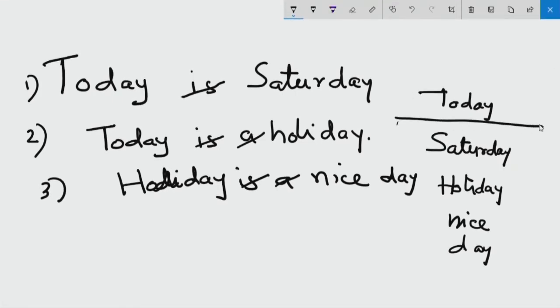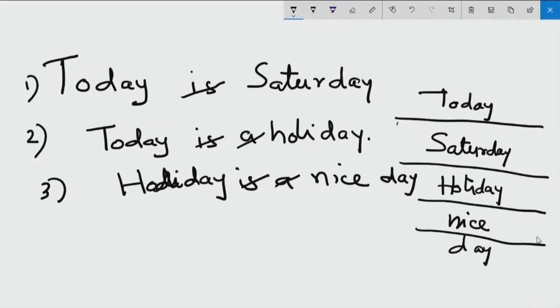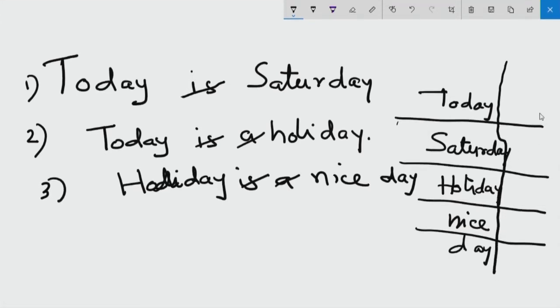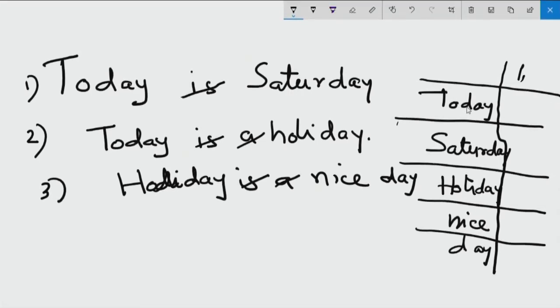Now, how many documents do we have? The first sentence is document number 1. Is today appearing in the document, and how many times? One time. Saturday, one. Holiday, 0 times. Nice, 0. Day, 0.